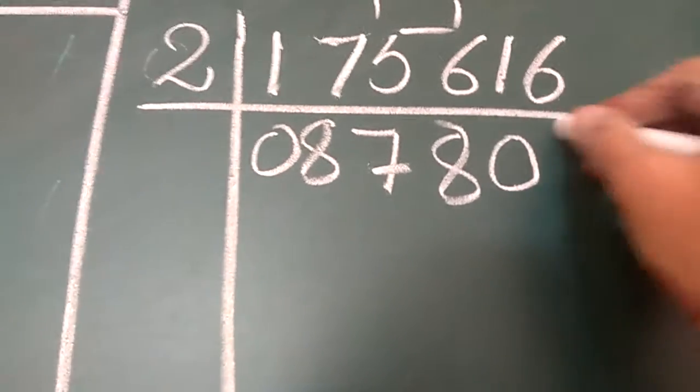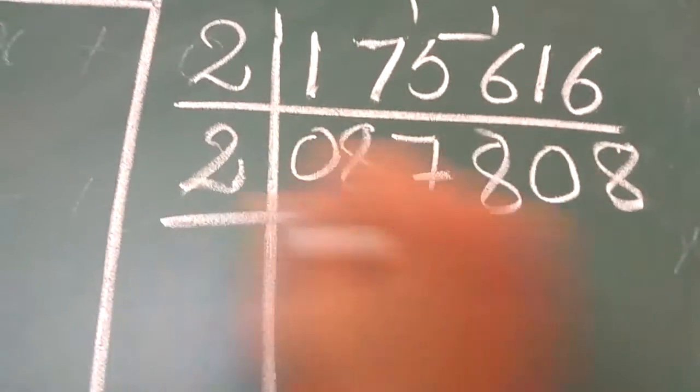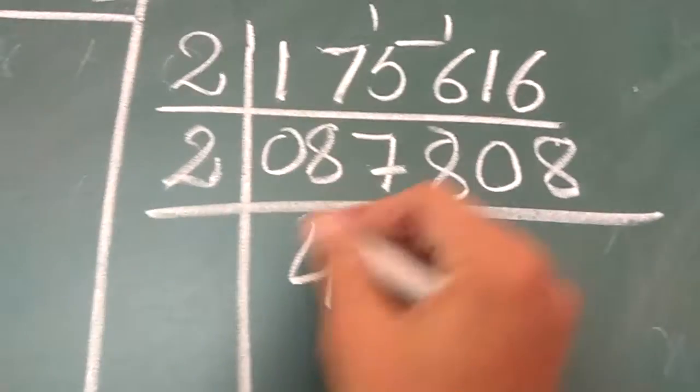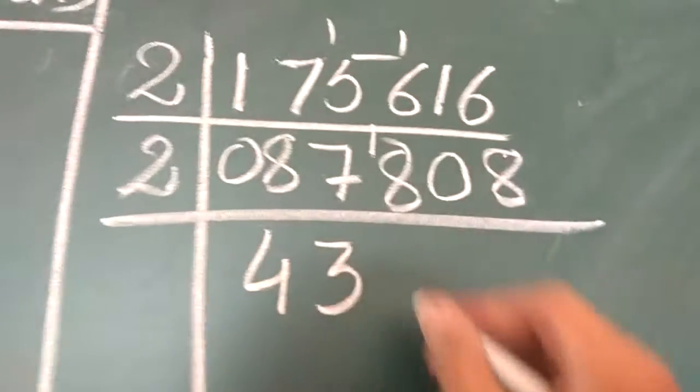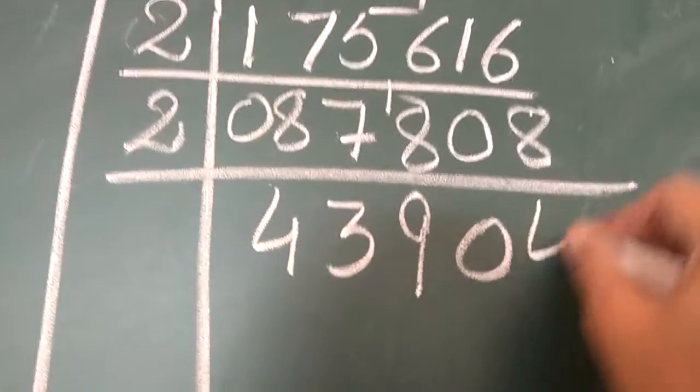Then 16, 8 2s are 16, so 2 4s are 8, 2 3s are 6, carry 1, 9, 2 9s are 18, 0, 4.